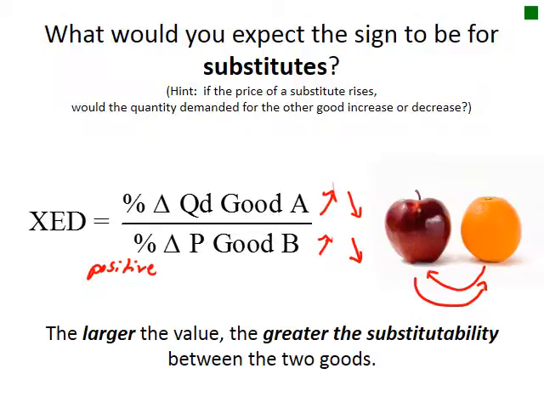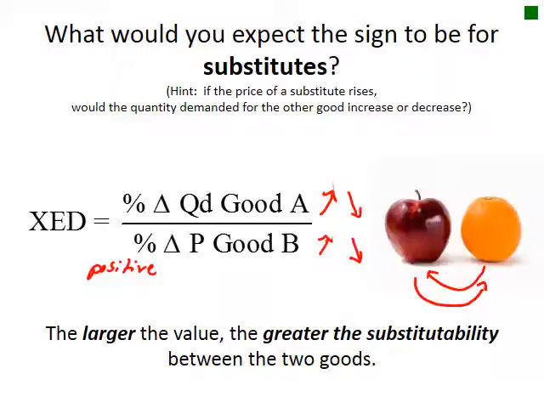What would you expect the sign to be for substitutes? Let's say the price of oranges goes up. People then would switch from oranges to buying more apples, and we'd expect the quantity demanded of apples to go up. Likewise, if the price of oranges were to go down, then people would switch from apples to oranges, and the quantity demanded of apples would go down.